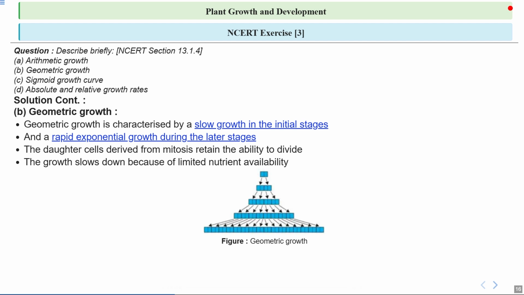This growth is characterized by a slow increase first, then it increases exponentially, and after reaching a certain level, it gets limited to a certain amount. Why? Due to depletion of resources, due to less availability of resources. So this is the picture showing the geometric growth pattern.